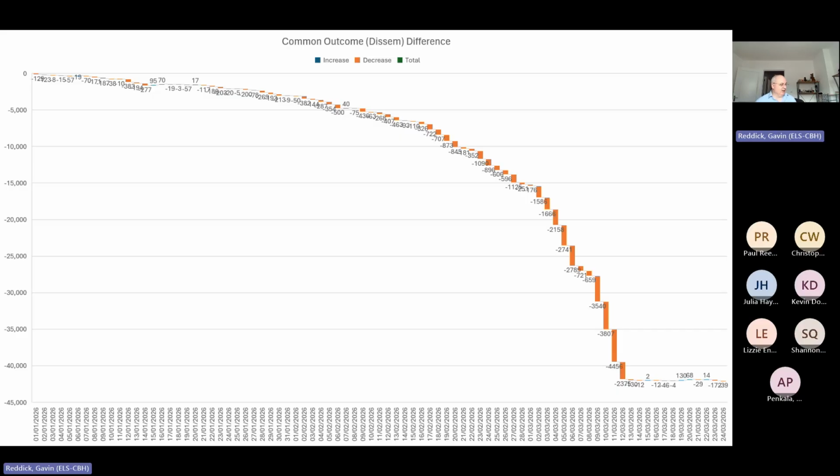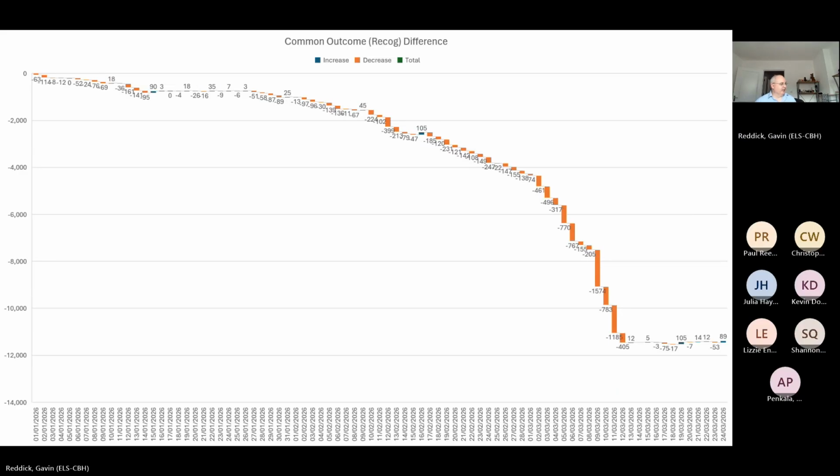You can see over 40,000 fewer year on year. And also one of the big ones, both in terms of numbers and in terms of utilization of OPS, was personal recognition. And you can see a similar pattern.